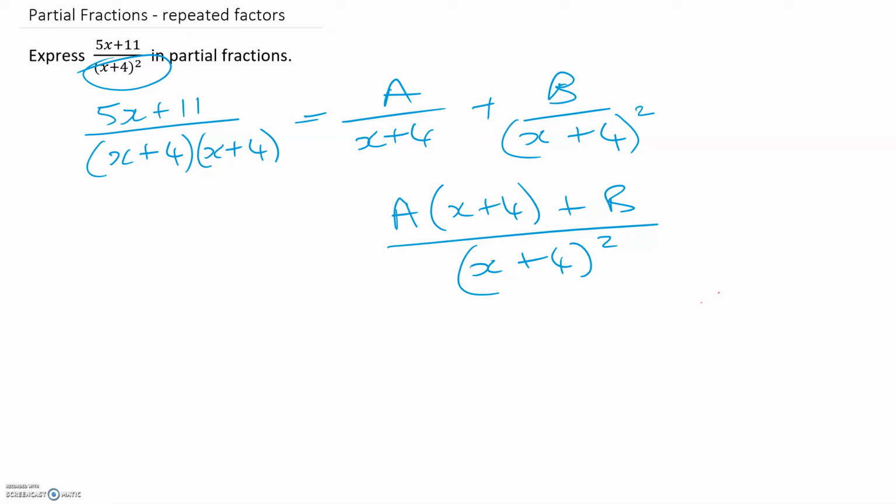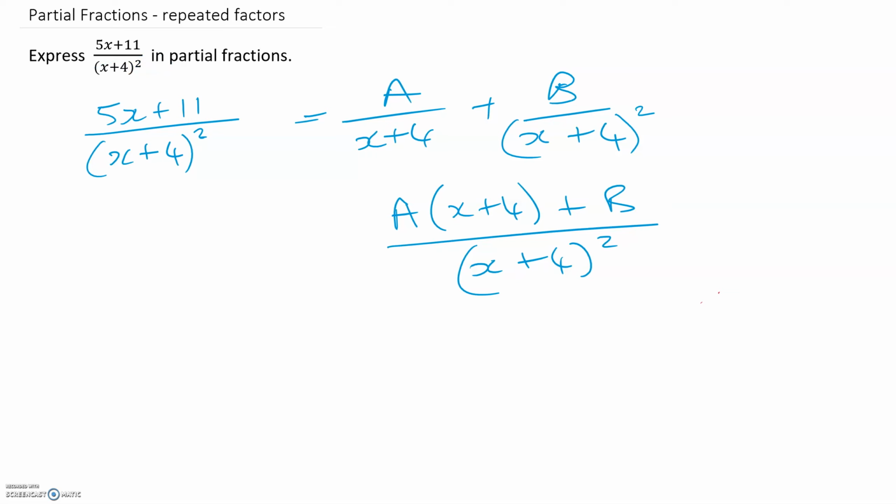So we could just carry on with this really, but it's really important. The whole point of this section on repeated factors is, if you see a squared, then you've got to repeat the factor like this.